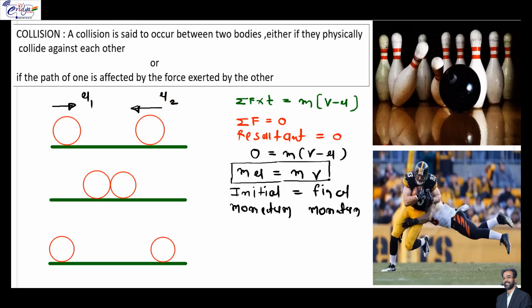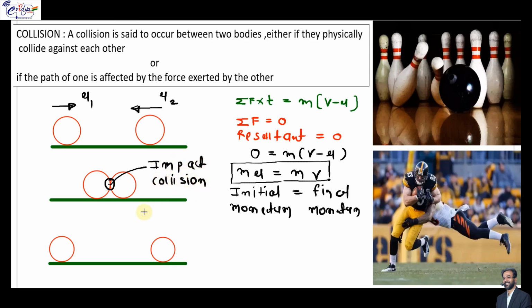There are other possibilities also: both moving in the same direction, both moving either left or right. But here, the first body moves towards the right and the second body towards the left. After some time there is a collision. Impact is another name for collision. This impact or collision occurs.